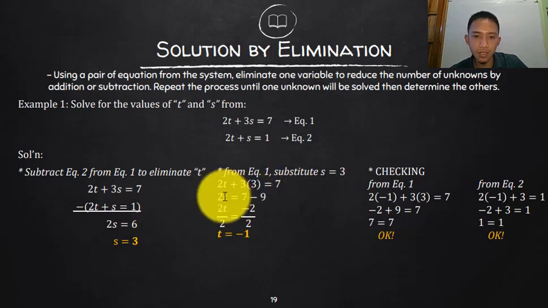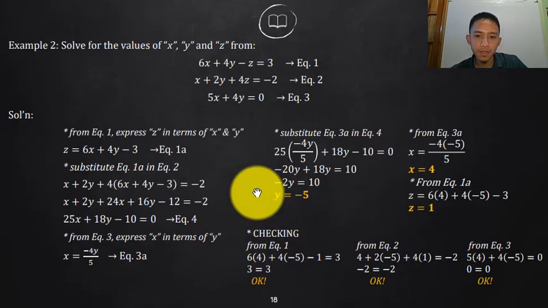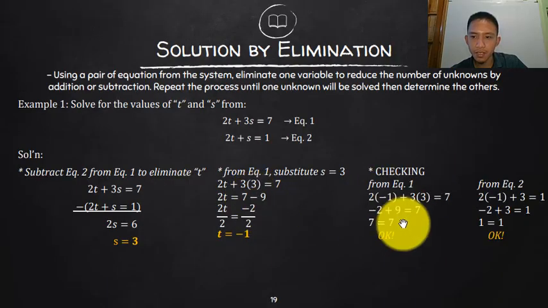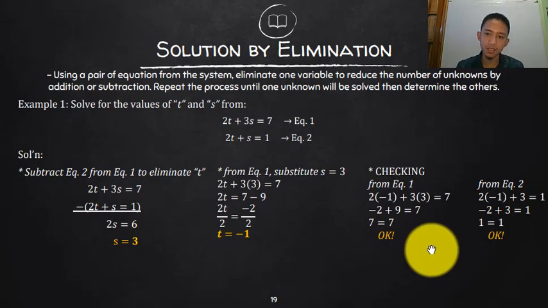So 2t will be there. Divide both sides by 2. You will have t, and 7 minus 9 is negative 2, divided by 2 also, which is negative 1. So isn't it that is our answer a while ago? Negative 1 and 3. If you do the same checking, that will still be correct.